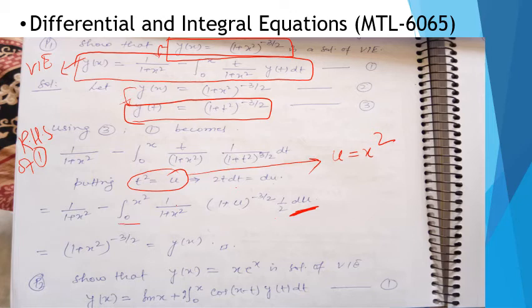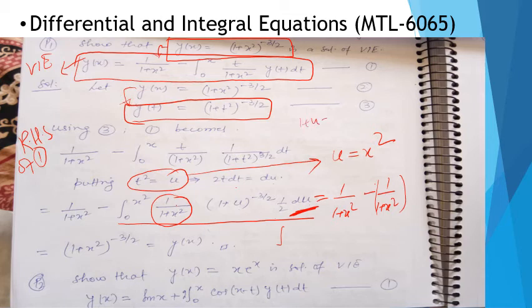After solving this integral, this is constant, free from u. Then this can be written as 1 upon 1 plus x square minus 1 upon 1 plus x square into the integral of (1 plus u) to the power minus 3 by 2. Consider 1 plus u equal to z. Then du is equal to dz, z to the power minus 3 by 2.